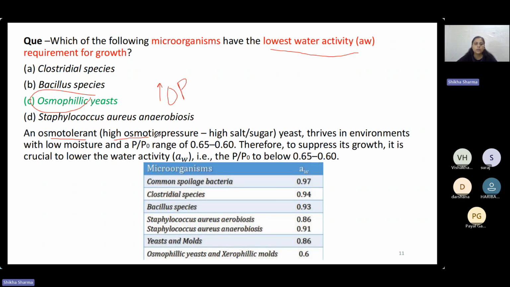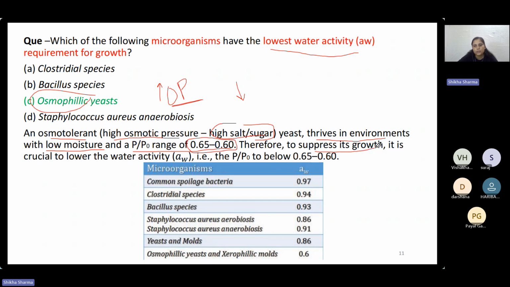They can grow in high osmotic pressure where a high amount of salt or sugar is present, where water activity is low. They thrive in environments with low moisture content, where P by P naught can be either 0.65 or 0.60. So they can survive even at this low water activity.